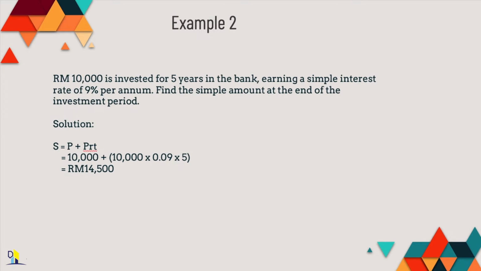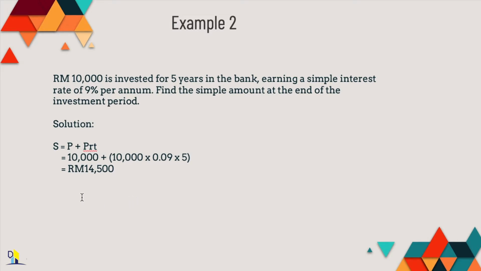Let's look at an example here. Second example. 10,000 ringgit is invested for 5 years in the bank, earning a simple interest rate of 9% per annum. Find the simple amount at the end of the investment period. Solution, S = P + PRT, pretty straightforward. 10,000 ringgit plus here, what's in the bracket will give us 4,500 ringgit, and that gives us 14,500 ringgit.